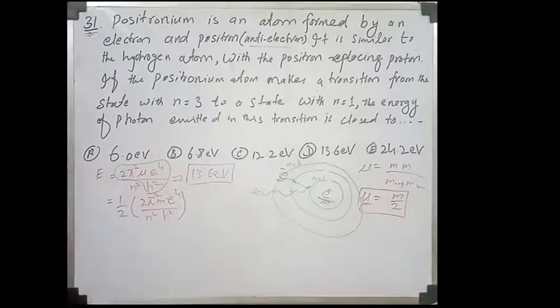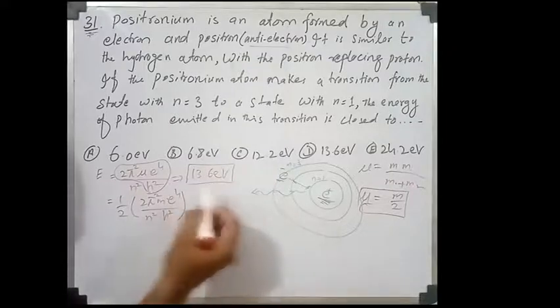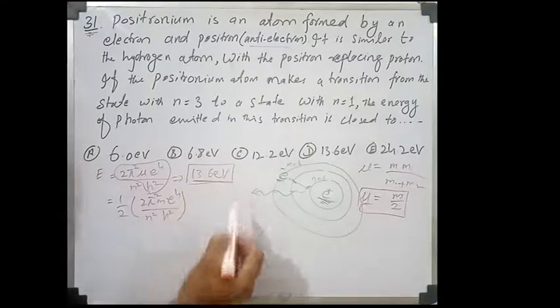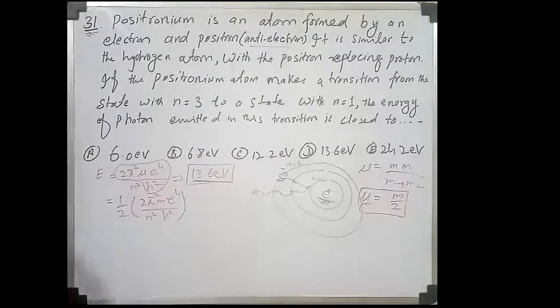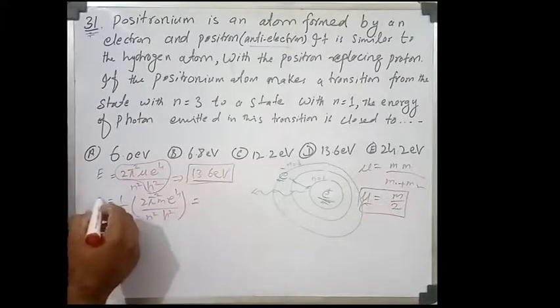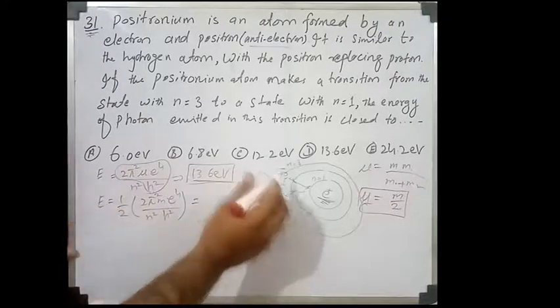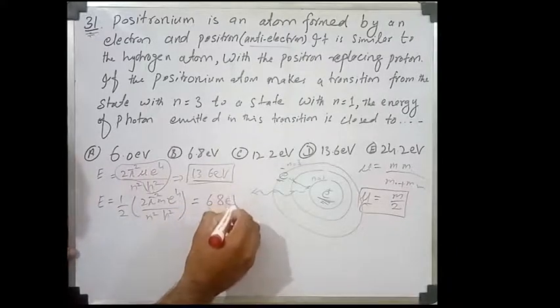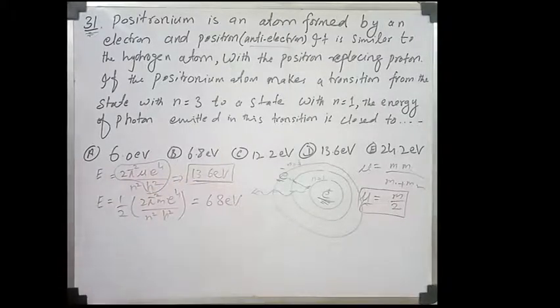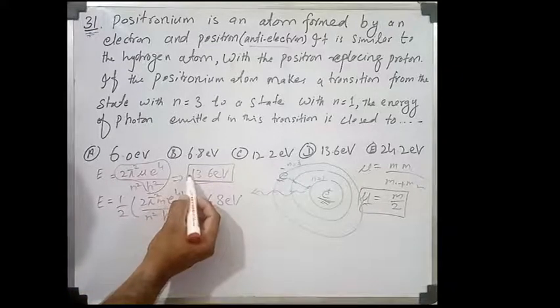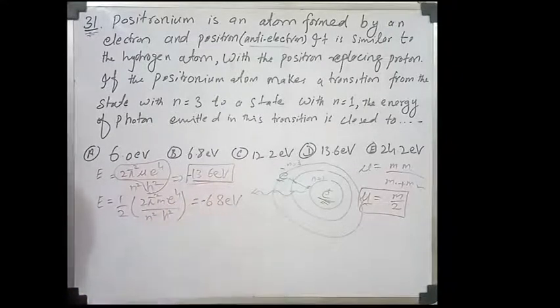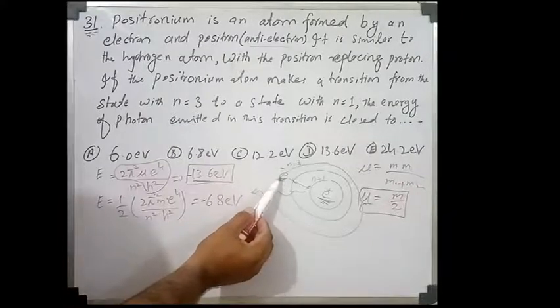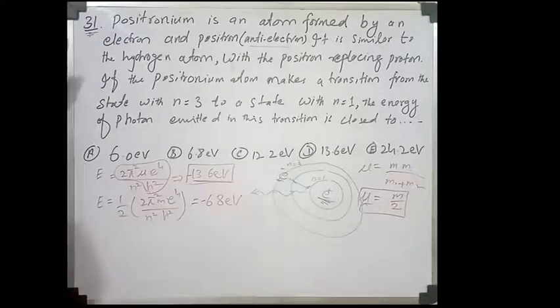In fact, it will reduce the ground state energy of the electron to half. So the ground state energy of the electron in the positronium atom will be minus 6.8 electron volt. This is the ground state energy and its sign will be minus. Now we will calculate the energy in this transition when this electron jumps from n equal to 3 to n equal to 1.